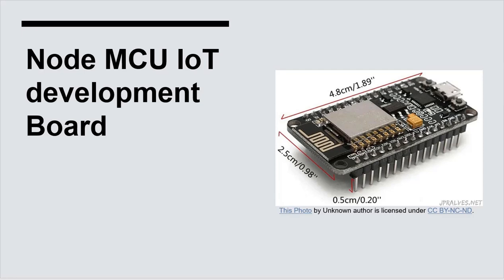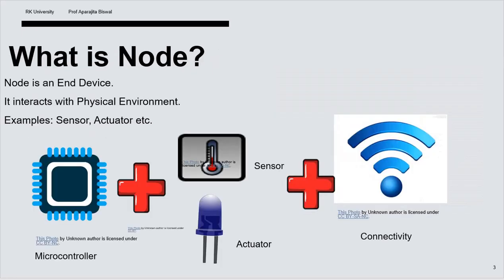So the Node MCU is generally used in the node design process. What is node design? Node is the end device which interacts with the physical environment. It can measure and control. Node design consists of microcontroller, sensors, actuators, and connectivity.